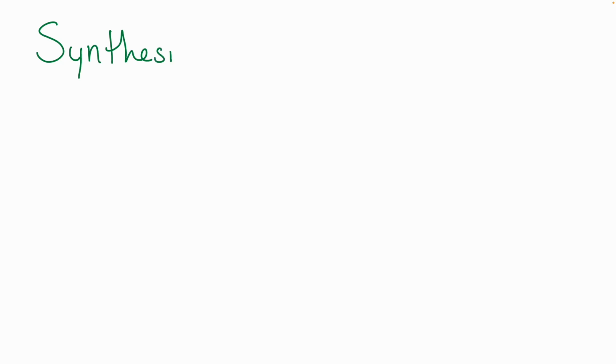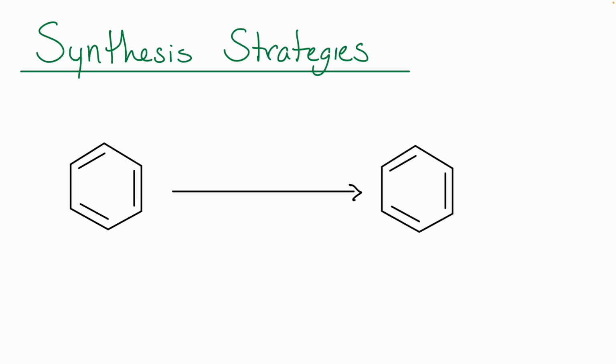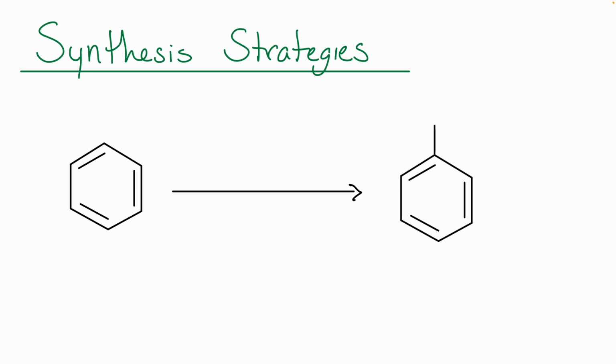All right, synthesis strategies. Meaning I'm going to give you a benzene ring, and I'm going to give you a target product, and you need to tell me how to get from A to B here.